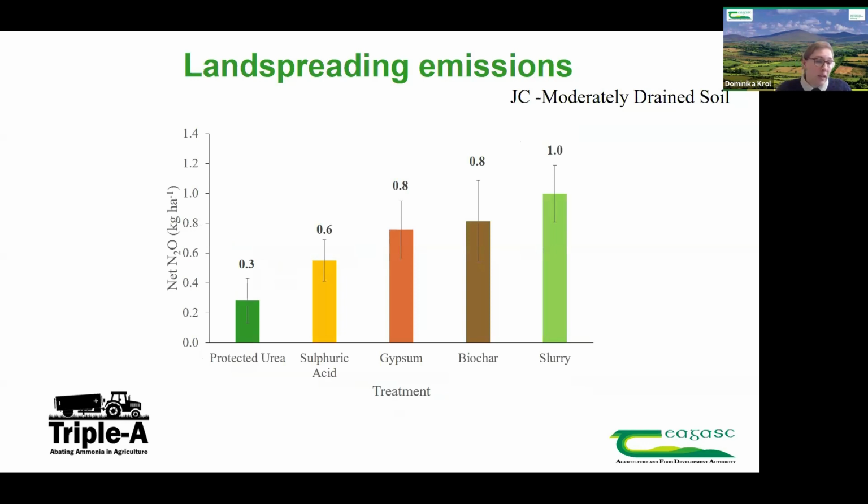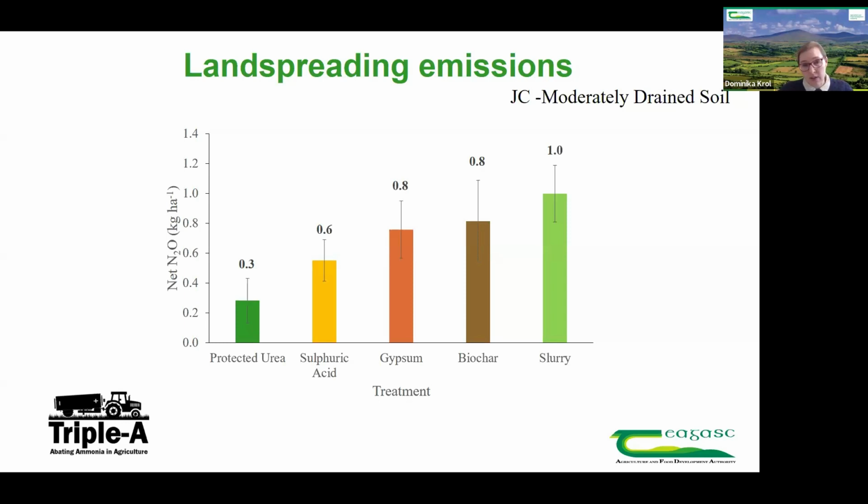Then we also looked at, as I mentioned, greenhouse gases. On the nitrous oxide side, nitrous oxide would be the main greenhouse gas of interest after slurry land spreading, so methane in storage, but nitrous oxide on the field. Knowing from previous literature that sulfuric acid can reduce ammonia in storage, we might have expected it to increase nitrous oxide emissions after slurry land spreading.